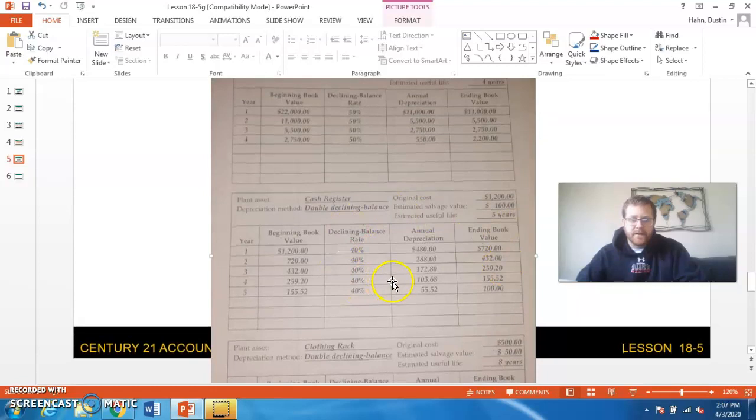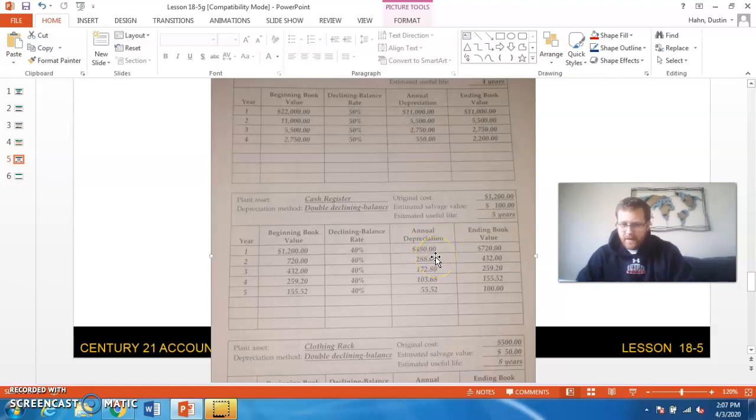For your second one, you bought a cash register, $1,200 worth. You are estimating it to sell for $100 at the end of year 5. So bring that $1,200 down. Right there's your 1,200. 1,200 divided by 5, because that's our useful life, equals 240. Now take that times 2. That's your 480. So that's where that annual depreciation of 480 comes into play.